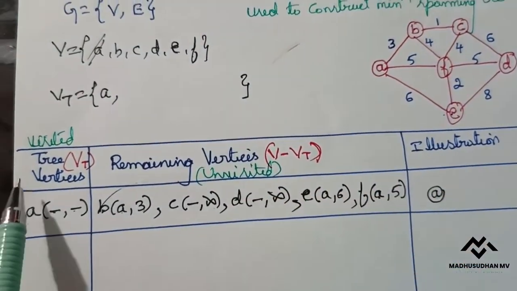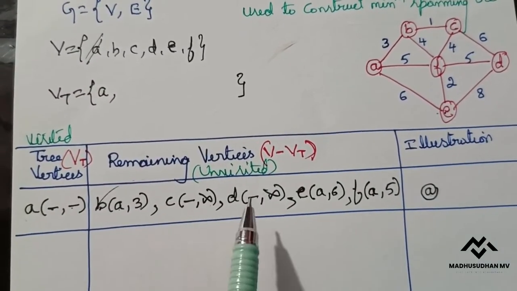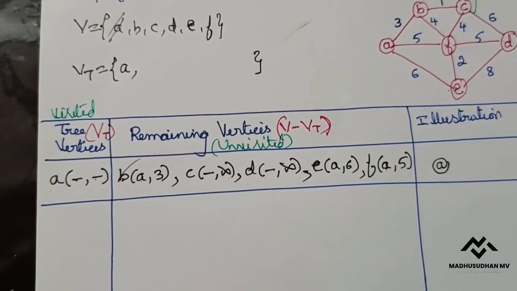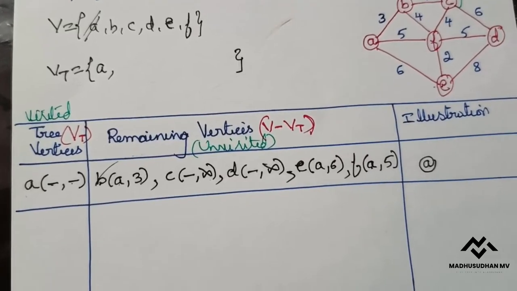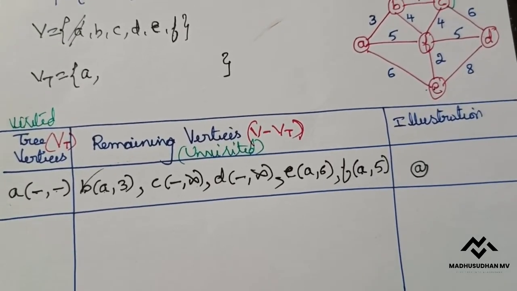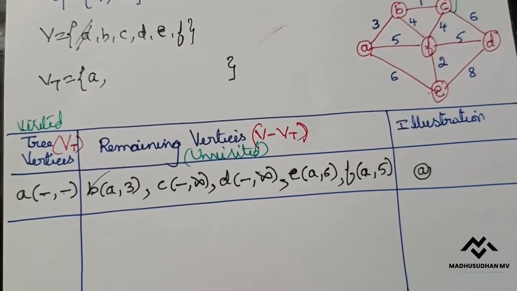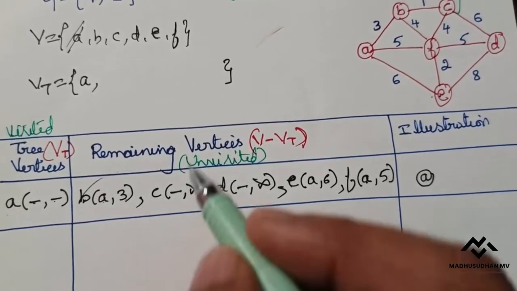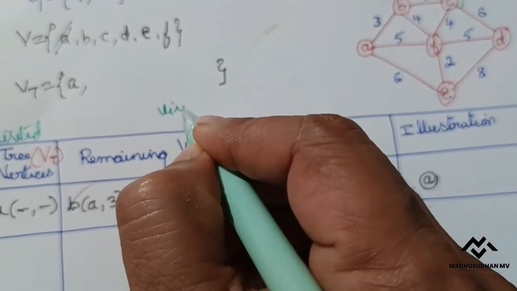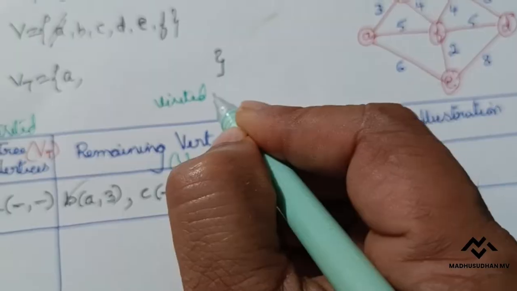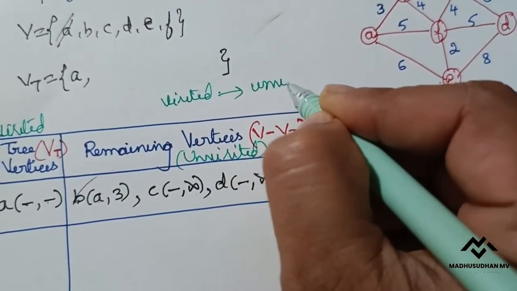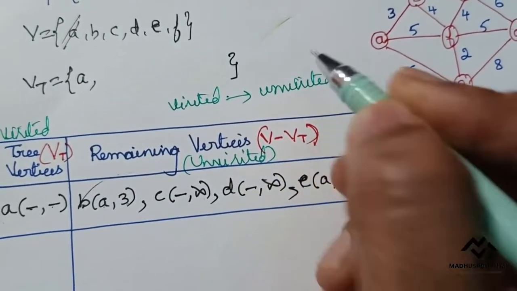Now, whenever we are moving from one vertex to another vertex, we always need to move from visited to unvisited.